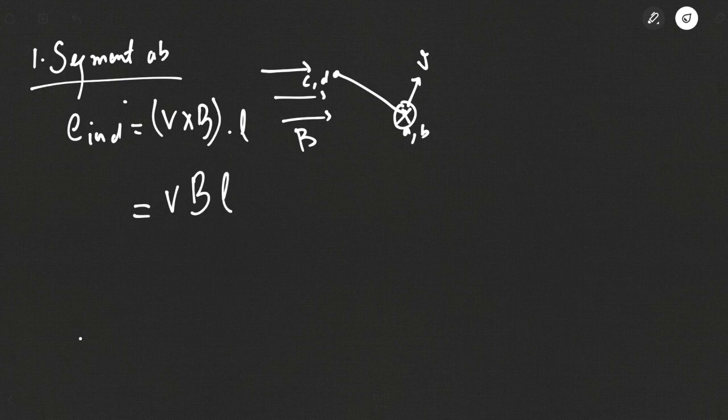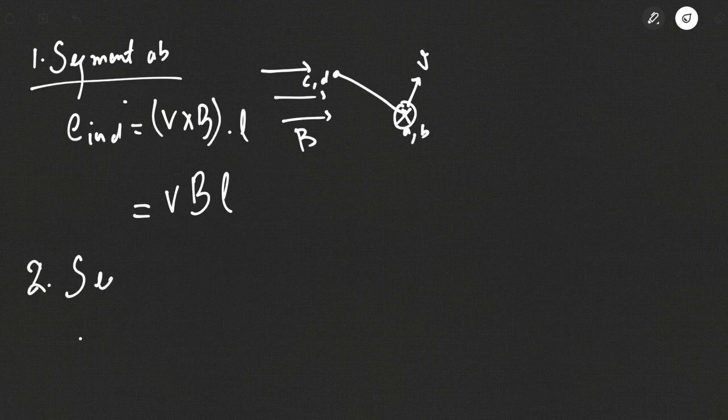Fine. So this is in segment AB. The induced voltage will be equal to VBL, where L is the length of line segment AB.